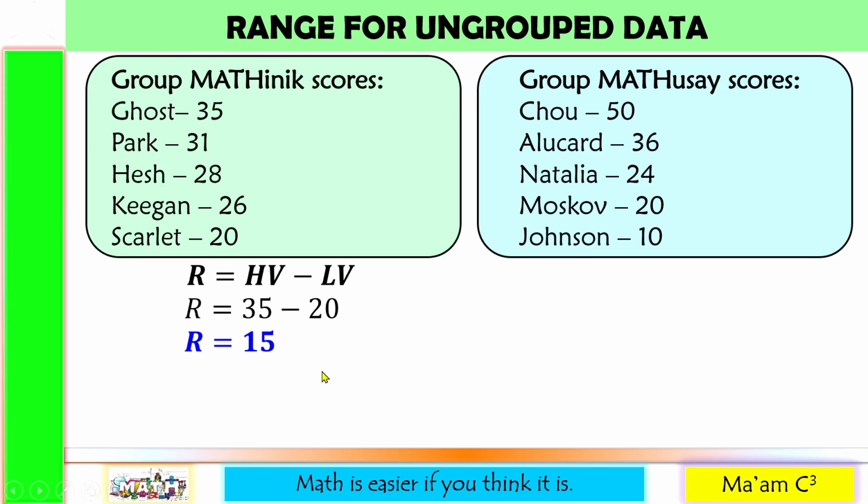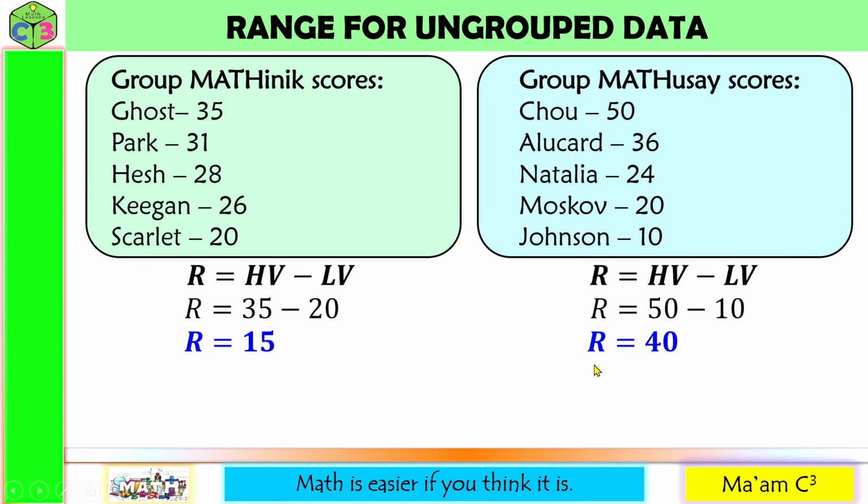So the range of Matinik group is equal to 15. Now, for the Mat-Husay group, that is again HV minus LV. The highest value for Mat-Husay is 50, and the lowest value is 10. 50 minus 10 is equal to 40. So the range for Mat-Husay group is 40.